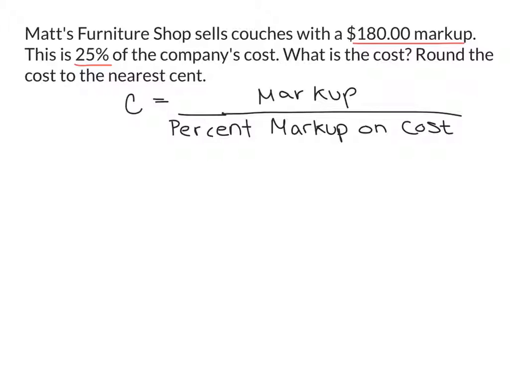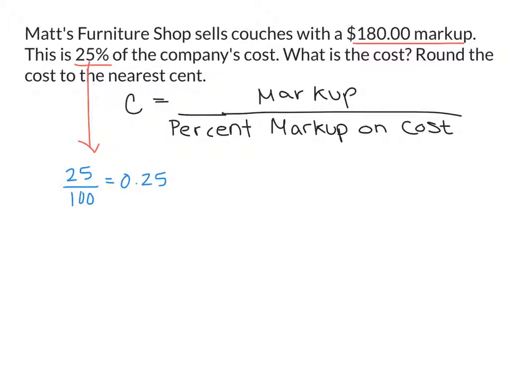Now remember, in order to place a percent into a formula, we first need to convert that percent to a decimal. So 25% written as a decimal is just 25 divided by 100, which gives us a value of 0.25.